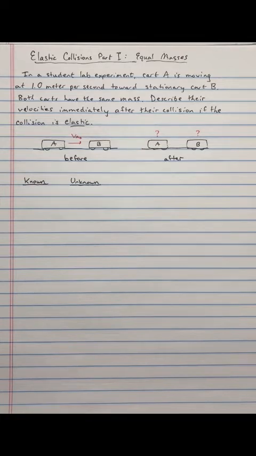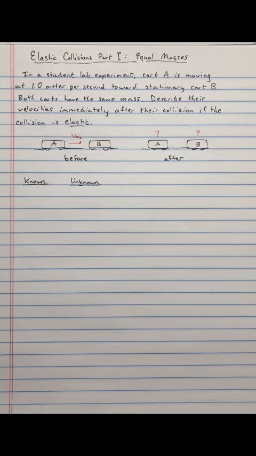Second thing is, in this particular video today, we're only going to focus on this special case of the carts having exactly the same mass. That turns out to be important, as we'll see with the algebra that we're going to perform today, to know the relationships between the masses.